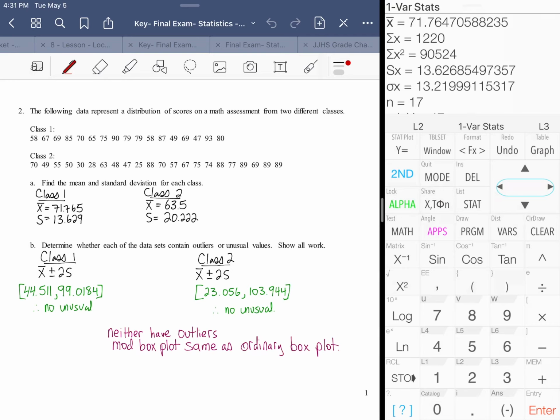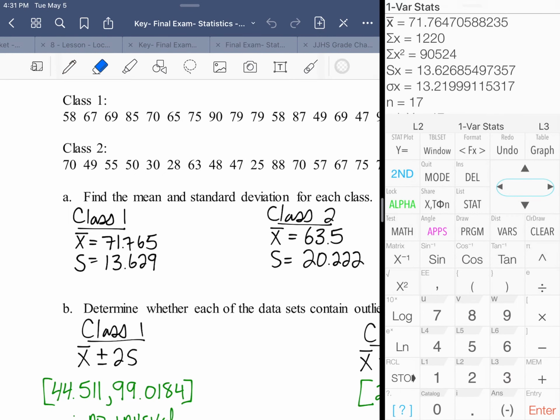We'll do 1 var stats on L2, calculate. So I'm going to hit the up arrow to get me to the mean, which is 71.765. You have to be careful about rounding instructions. 3 significant digits, unless you're told otherwise in the problem. Now I'm choosing S here, 13.62. Well, look at this. We found a typo here.